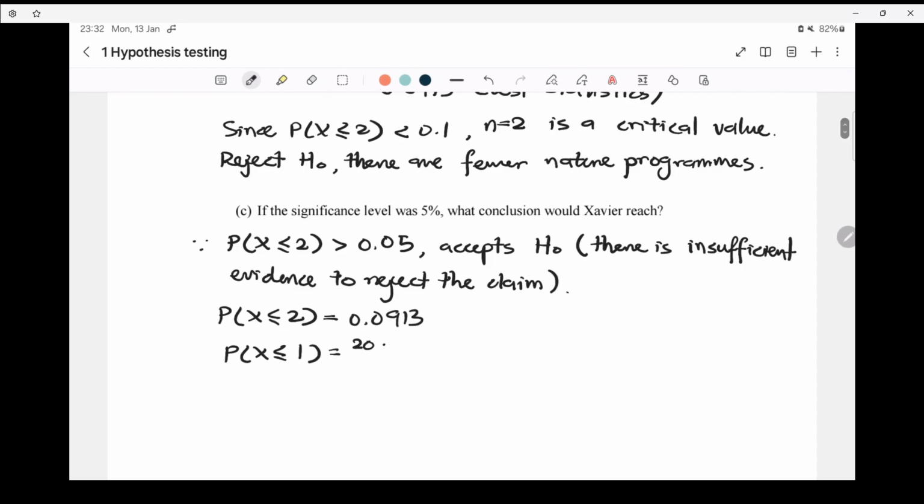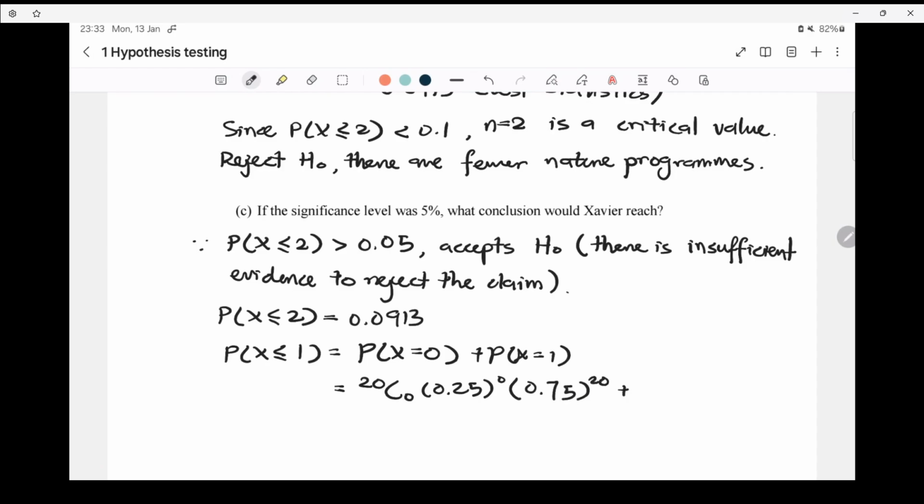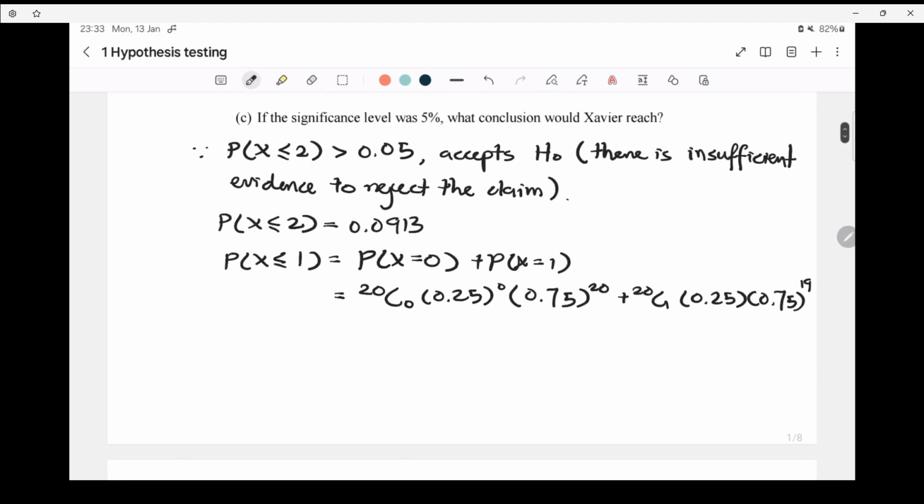So the first one is 20C0. Sorry, I'm doing this while recording because I forgot to write this down.